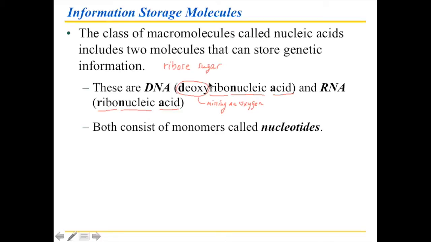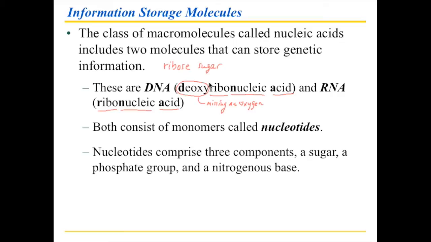Both of these consist of monomers called nucleotides. And if you remember, we had monomers of proteins, those were amino acids, and we had monomers of sugars, those were monosaccharides. And so here again, we have this idea of monomers.